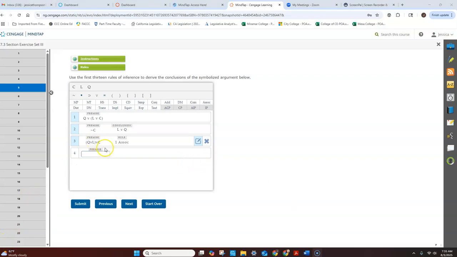Commutativity. All right, so we're going to go C or Q or L, close parentheses, and that's just another way to say this using line 3 and commutativity.